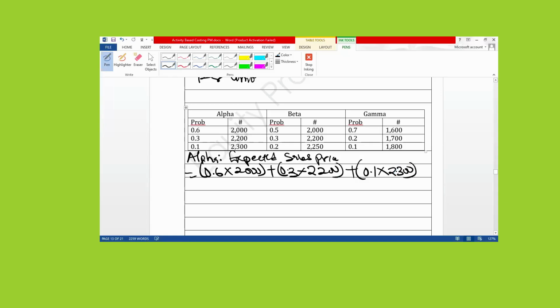This is how to calculate expected selling price. Work this out. Your final answer is 2,090.